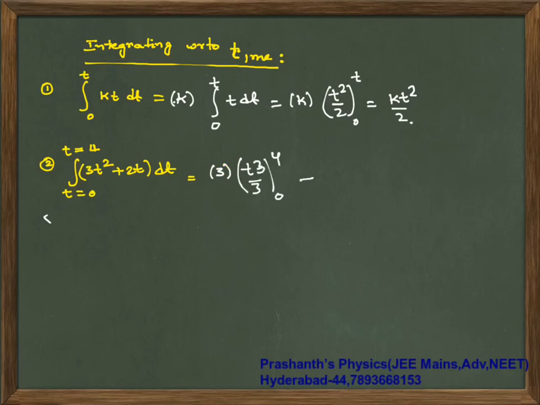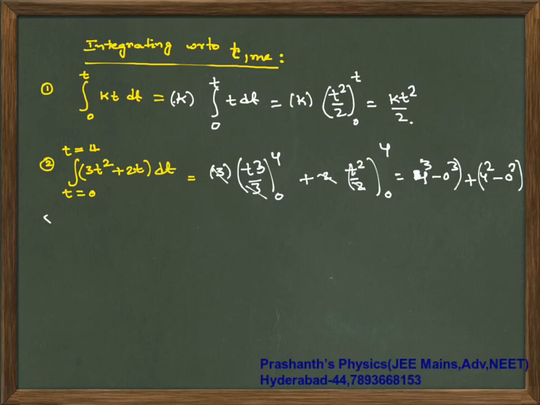If you are integrating, plus 2 times t square by 2 is the integral for the second term, that will give you 0 to 4. So you simplify, 3 will go off and 2 here will go off, so you will get 4 cube minus 0 cube plus 4 square minus 0 square. So simplify, you will get around 80 to be the answer.